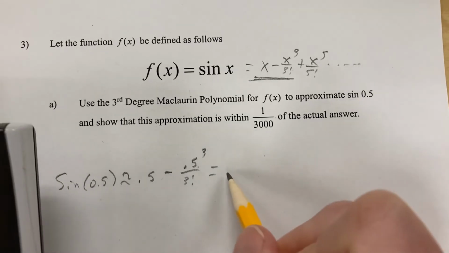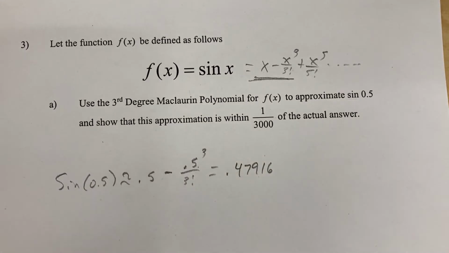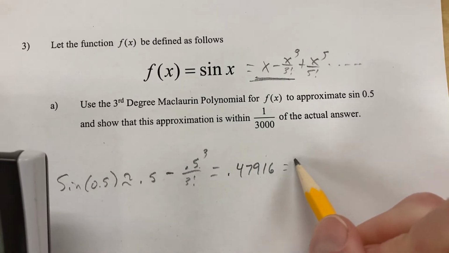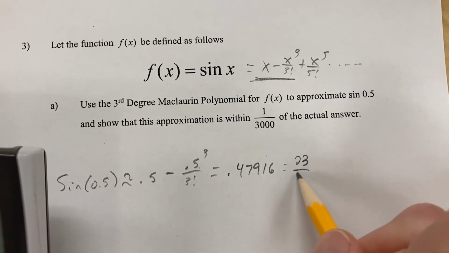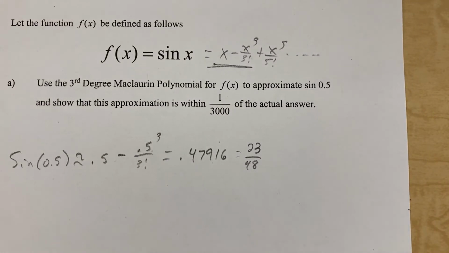I get 0.47916 repeating, okay? As a fraction, it's actually equal to 23/48. So that's our approximation. We're not saying sine is that, we're just saying that it's about that.